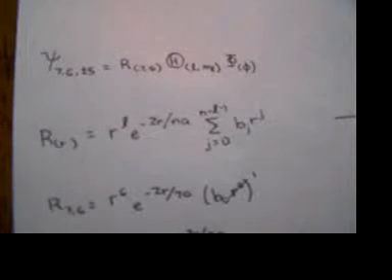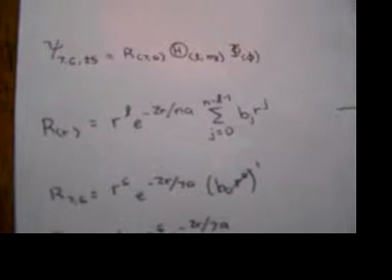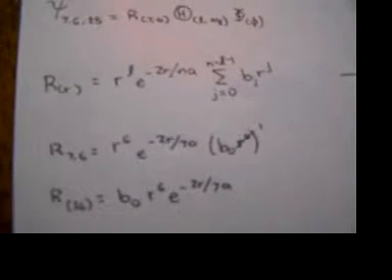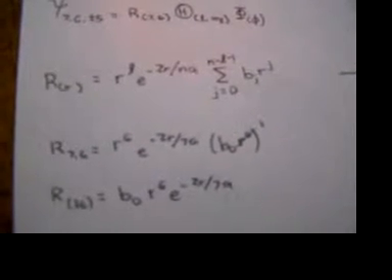Substituting 0 in the J, we have B0 times R raised to 0, which is 1. So the final equation for the radial function is B0 R raised to 6 times e raised to negative ZR over 7a.